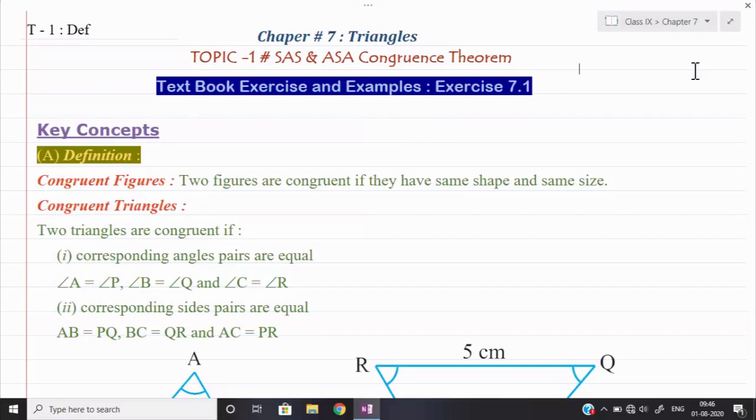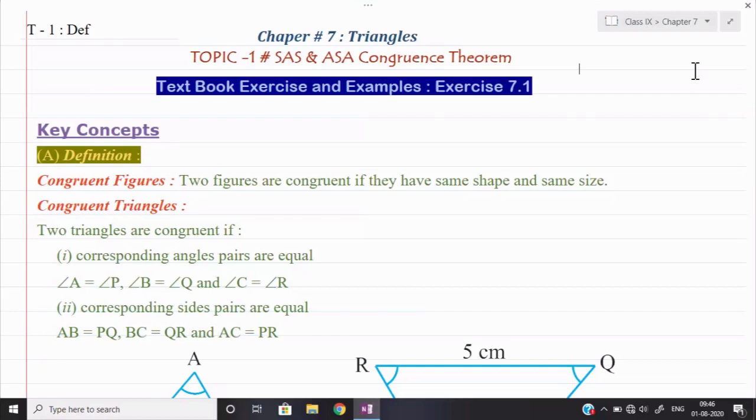In this chapter, about 75% of the portion is given to congruence of triangles. At the end of the chapter we have inequalities on triangles, the relation between the sides as well as the angles, but that may be the deleted portion for this year, that we shall talk about later.